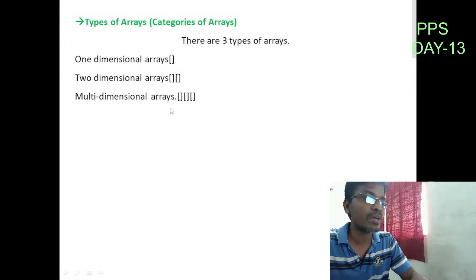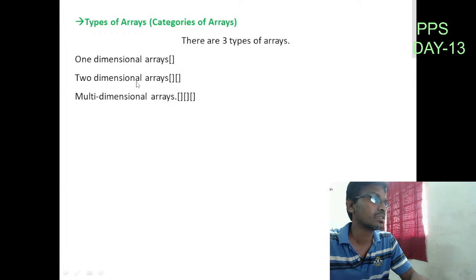And types of arrays, so let us continue today. Types of arrays or categories of arrays: there are 3 types. That is a one-dimensional array, a two-dimensional array and a multi-dimensional array. The one-dimensional array is called a single dimensional array and it is represented by single square brackets.